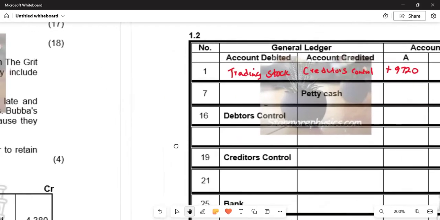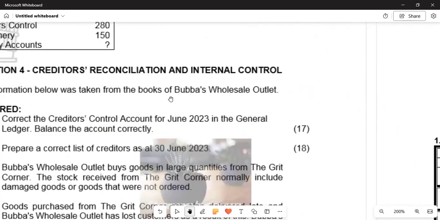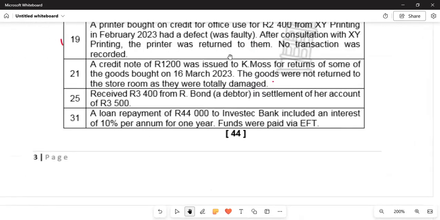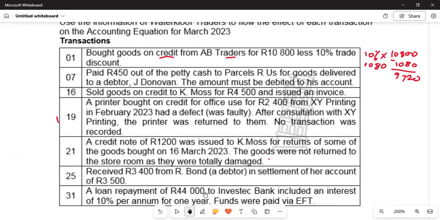So now we move on to another question. The other question says: paid 450 out of petty cash for parcels used for goods delivered to a debtor, Don Van.